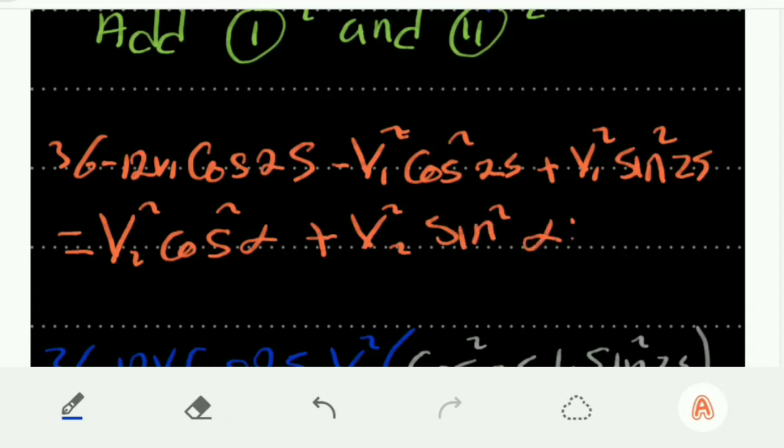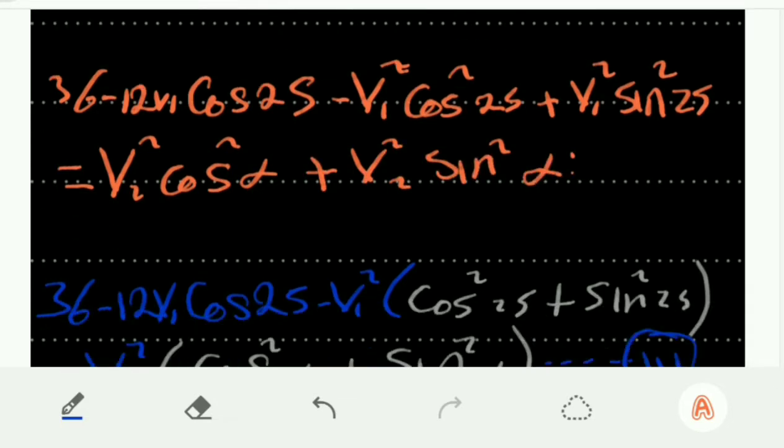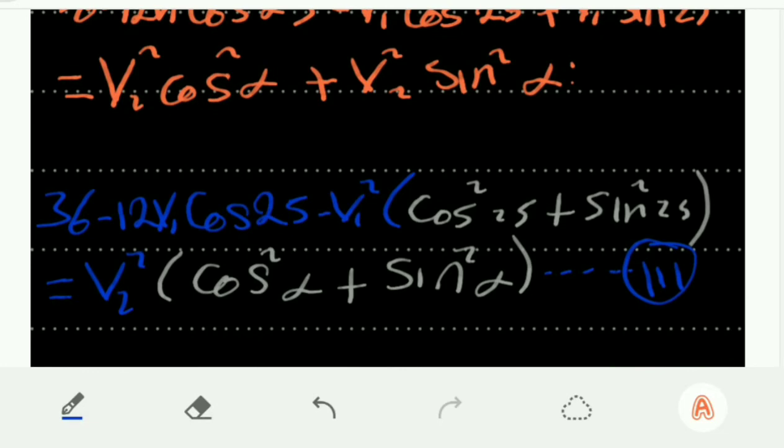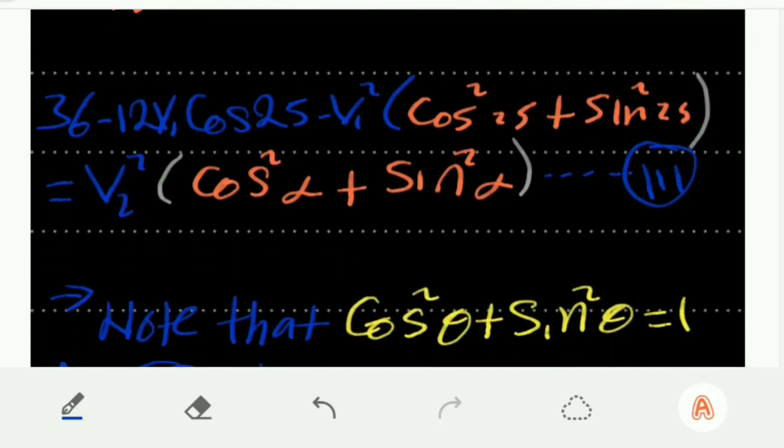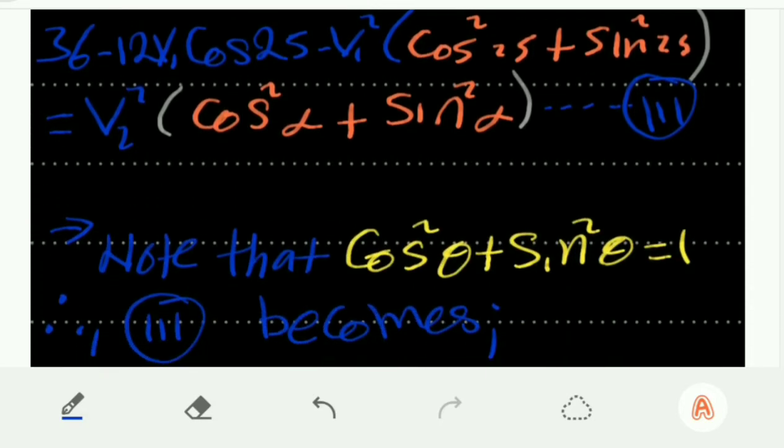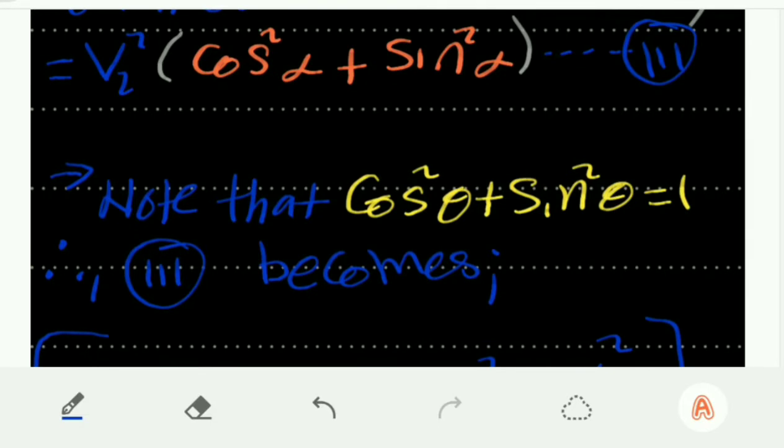So we have squared equation 1. Notice these identities. You have done trigonometry and you're simply going to get ones out of these. Cos squared alpha plus sine squared alpha is simply 1. Cos squared 25 plus sine squared 25 gives you 1. Note that cos squared theta plus sine squared theta is 1.